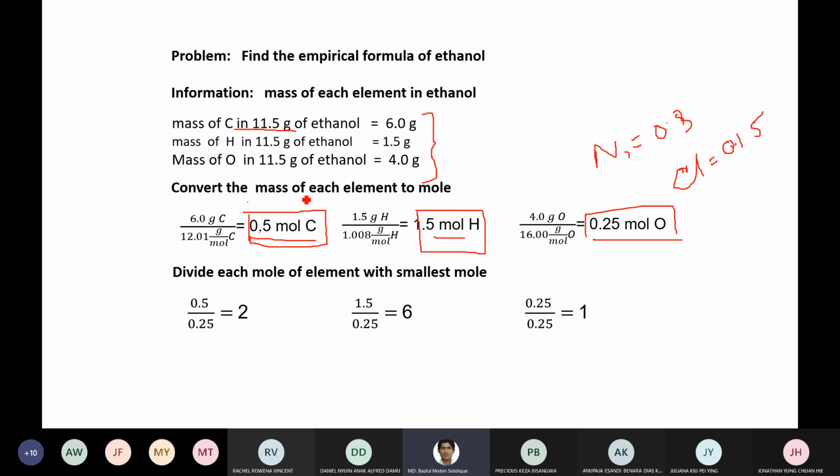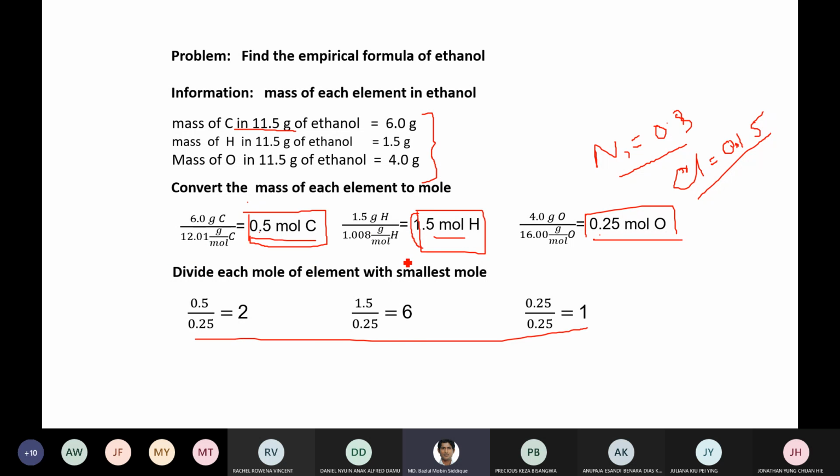0.5 and 1.5. Of course, 0.5 is less than 1.5, right? But 0.25 is even smaller than 0.5. In the case where we had 0.3 moles of nitrogen and 0.15 moles of chlorine, 0.15 moles of chlorine is the smallest, so we would divide all of those by 0.15.